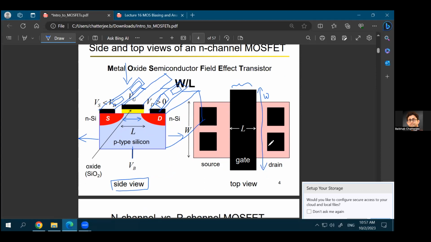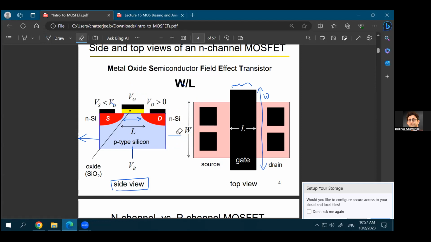And depending on the length and width of the device, you'll see that you can change the amount of current that flows through the device. So I guess the definition of lengths and widths are clear, because this will be very important when you solve any problem about MOSFETs, that what is the length and what is the width. The length is the distance between the source and the drain terminals, whereas the width is basically the dimension of the MOSFET in the third dimension.